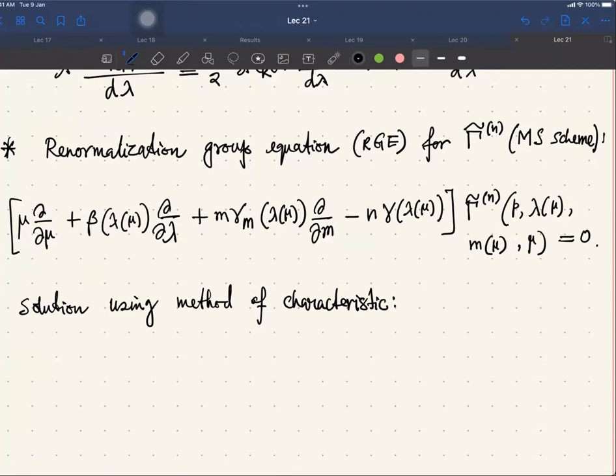So what you do is to introduce a dimensionless scale S such that mu is replaced by S times mu.